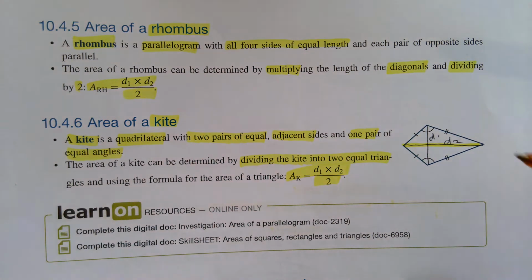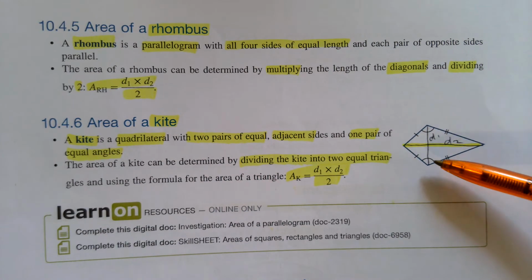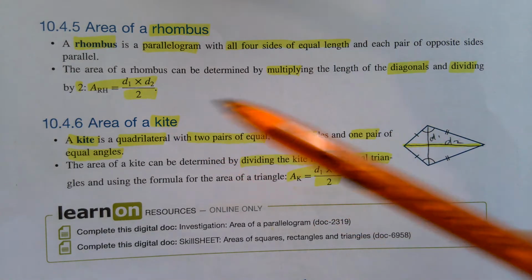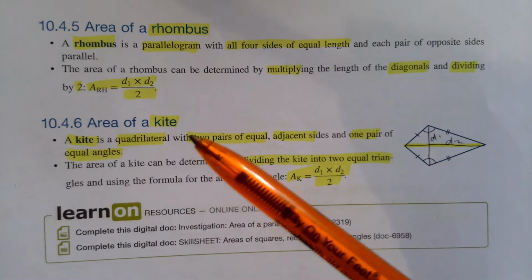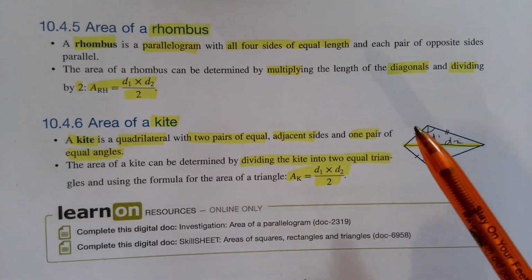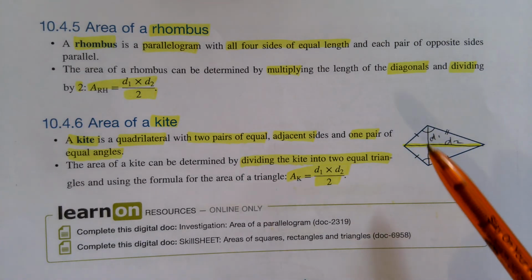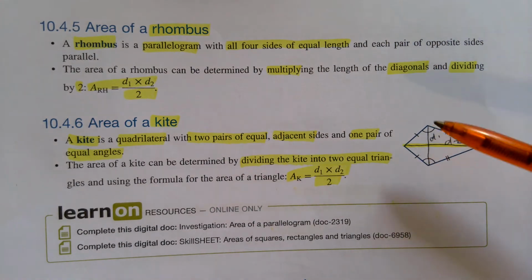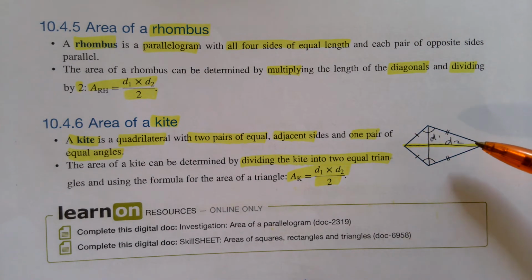The diagonals are the things that go straight across the middle from point to point. And we halve that. Kite is the same, except it's got adjacent sides the same, 1, 1, and 2, 2. Again, we multiply the diagonals and we halve it. So same formula, diagonals.